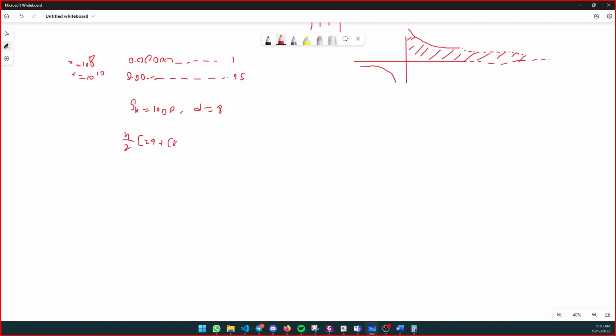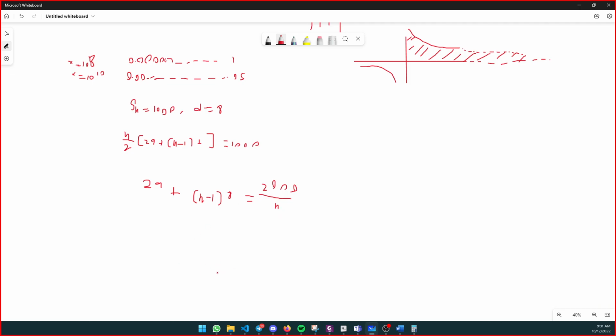n over 2 times 2a plus (n minus 1) times d equals 1000. Here we can just move everything over, and you'll get 2a plus (n minus 1) times 8 equals 2000 over n.